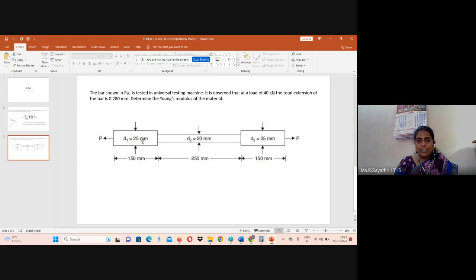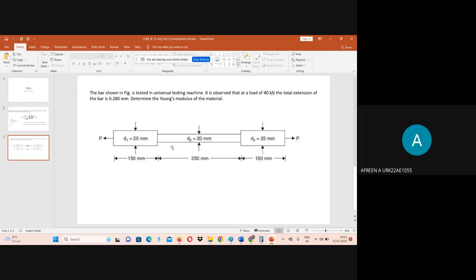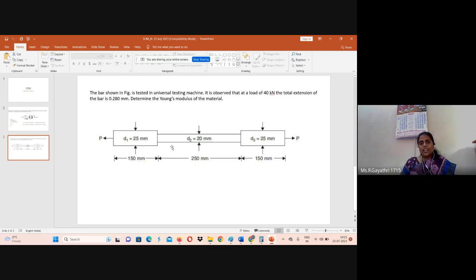Augustine told the diameter and length of every section. What about other known parameters, known values? D1 equal to 25 millimeter. He told already. 25 millimeter means 25 into 10 power minus 3 meter. I want other given data.